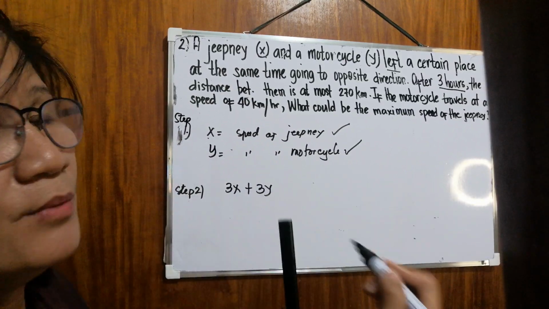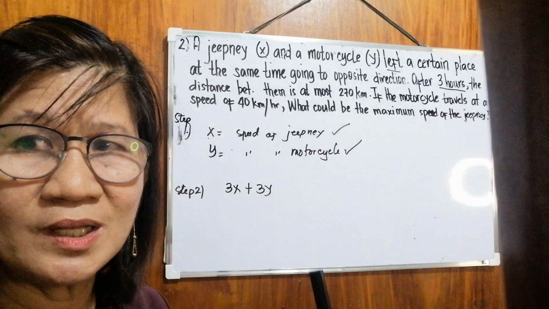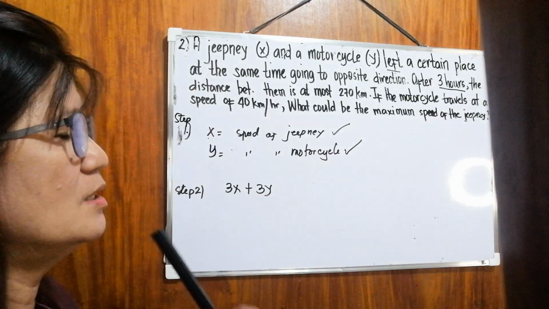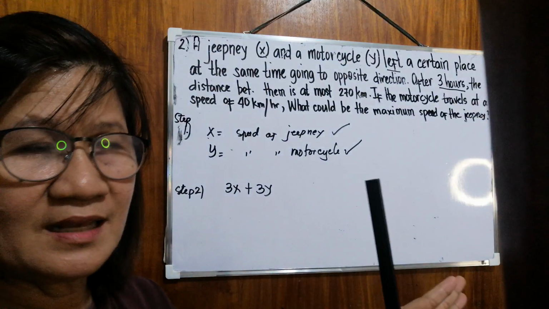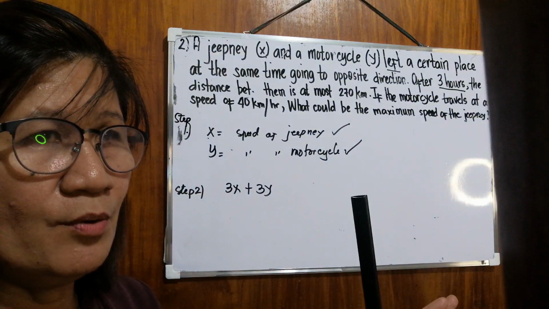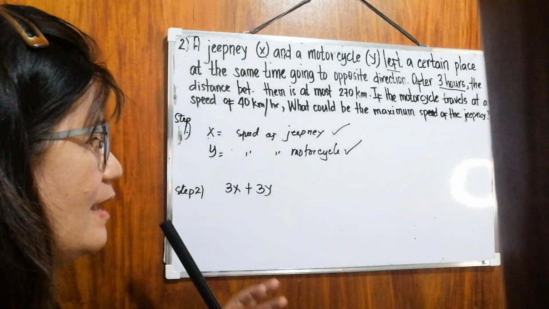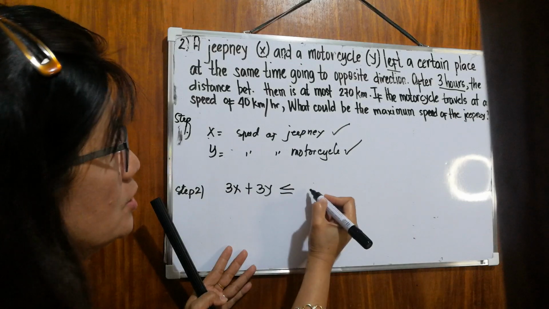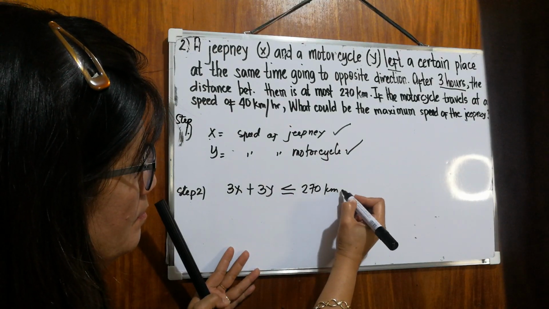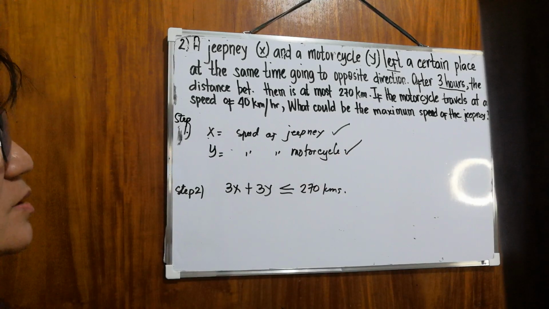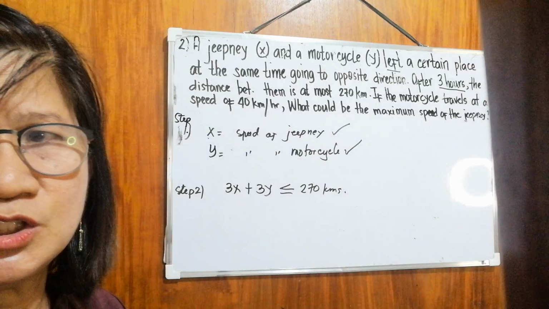Is at most. Kanina at least, no? Ginamit natin ay less than or equal to. Ngayon naman at most. So pag sinabi nating at least kanina ang ginamit nating inequality symbol ay greater than or equal to. Ngayon naman at most, baliktad. Less than or equal to 270 kilometer.